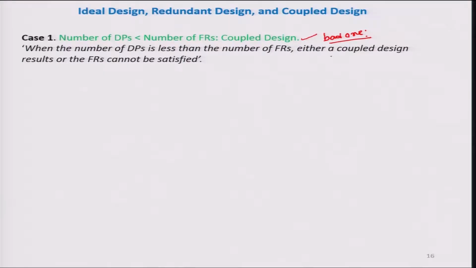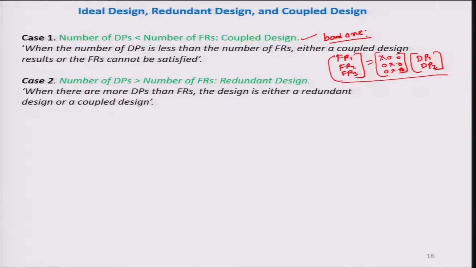Suppose you write FR1, FR2, FR3, there are 3 requirements and you have a design matrix, and you have only 2 design parameters. In that case, the design matrix equation will be a coupled design.